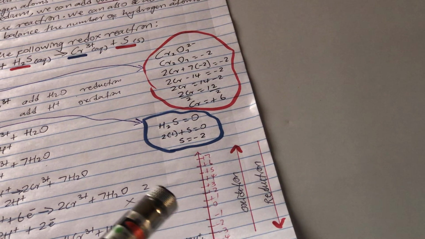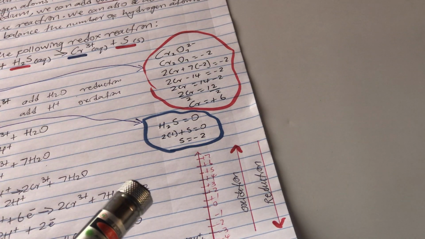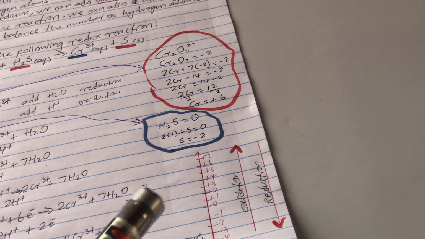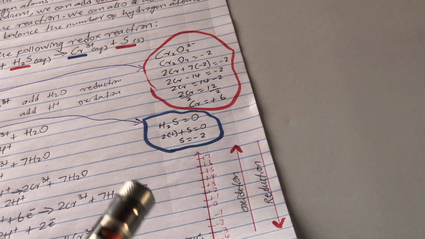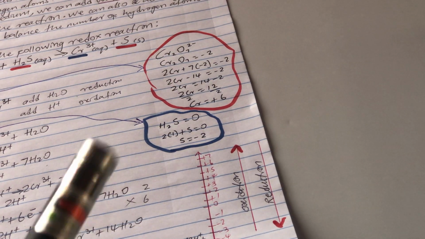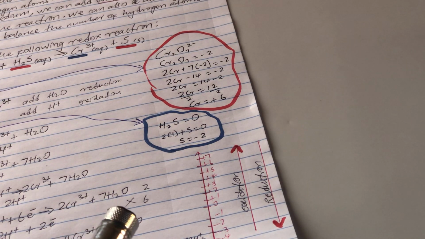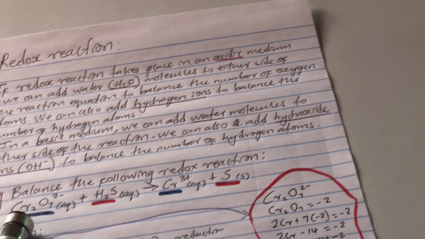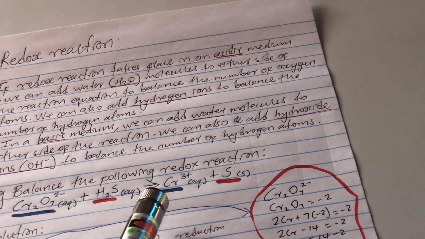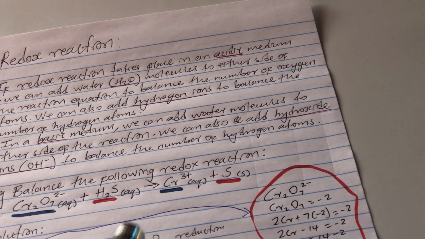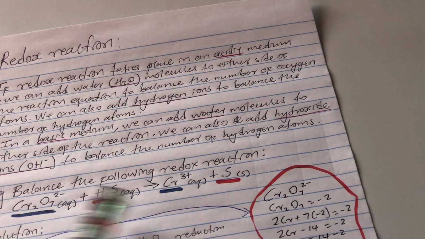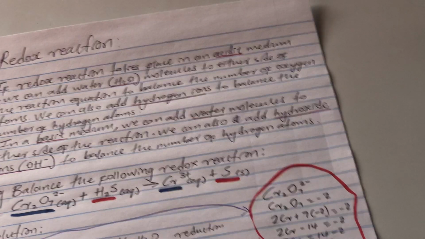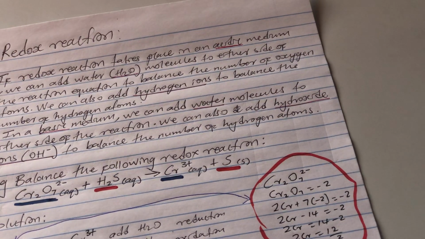And when the oxidation number decreased, it tells us that the reactant has been reduced. And when the reactant has been reduced, there's a gain of electrons. So this tells us that Cr2O7 2 minus and Cr3 plus, this is the reduction half reaction. This is our reduction half reaction.